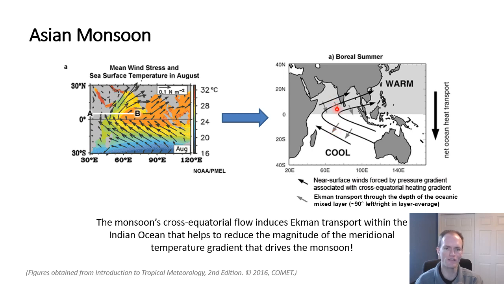They do have slight differences in eastward and westward components, but the general sense of these gray arrows is from the warmer northern hemisphere to the colder southern hemisphere. So this exerts a force that tries to direct this warmer surface water southward into the southern hemisphere as a result of the monsoon circulation, also reducing the strength of that north-south temperature gradient that gives rise to the monsoon as a whole.